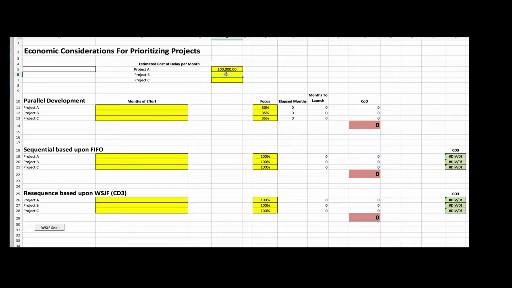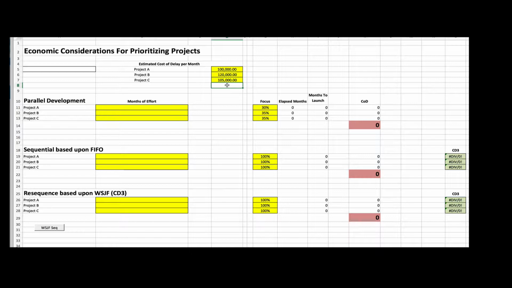Project B, we're estimating to be $120,000 per month. And Project C, we're estimating to be $105,000 per month. These are not unusual numbers at all. In fact, we see numbers quite larger than this frequently.